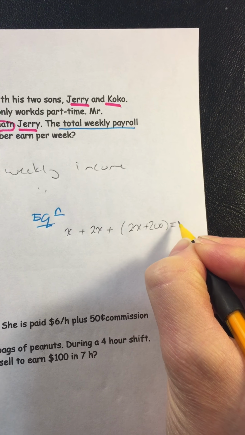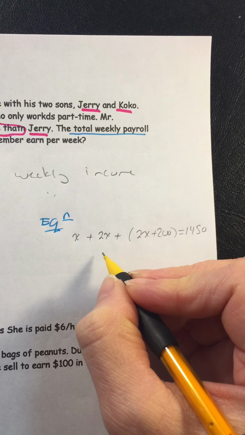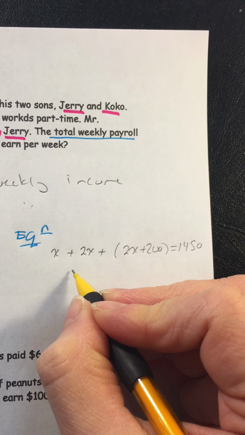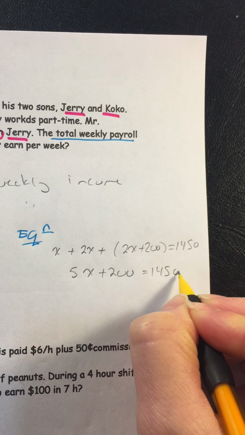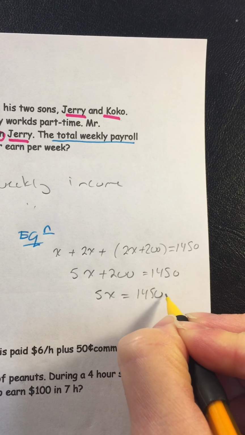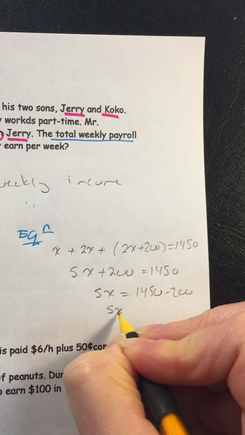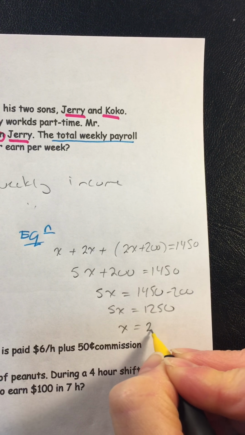When we add those together, we get 1,450. So then we just add them all together. We get 5x plus 200 equals 1450. 5x equals 1450 minus the 200. 5x equals 1250, and divide both sides by 5, and x is 250.